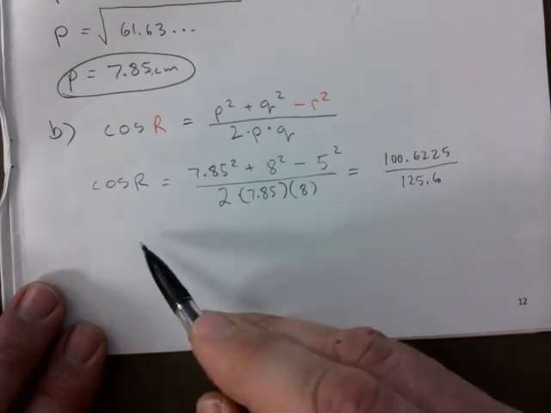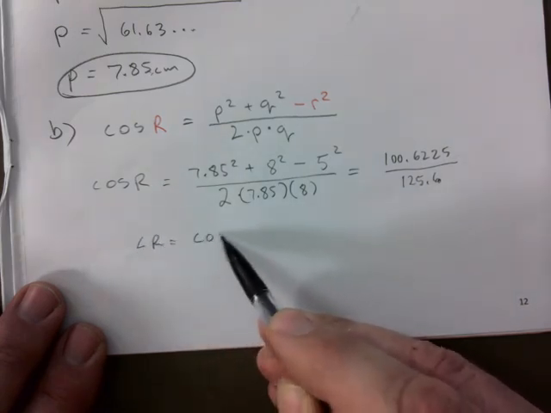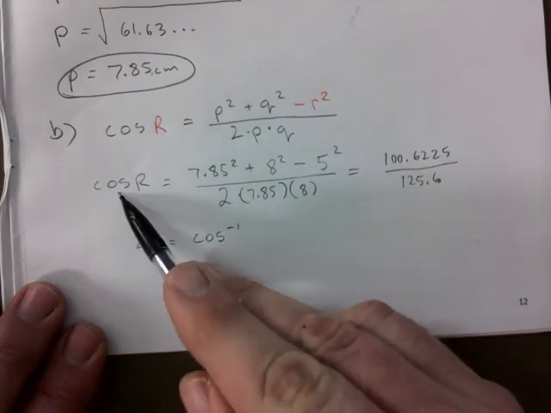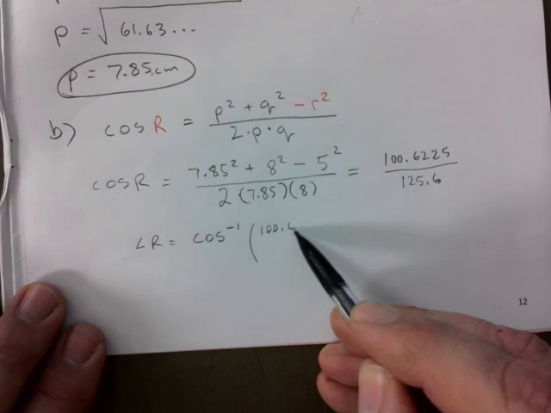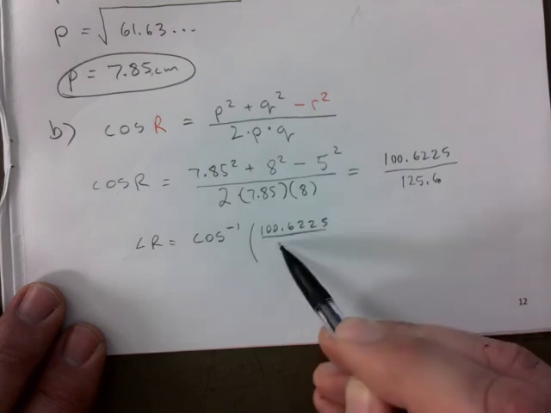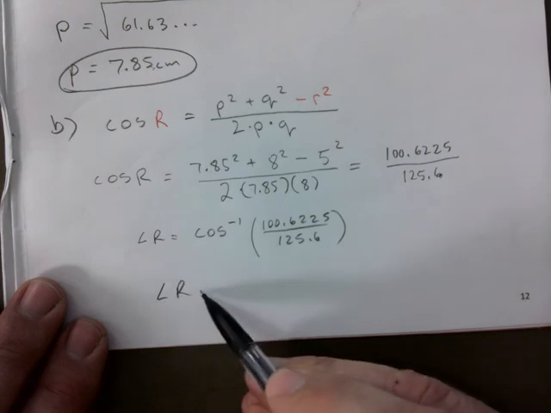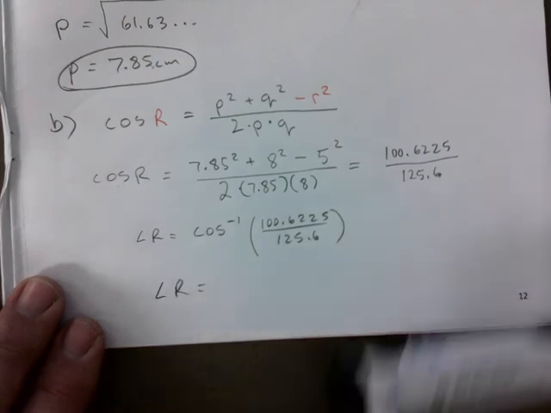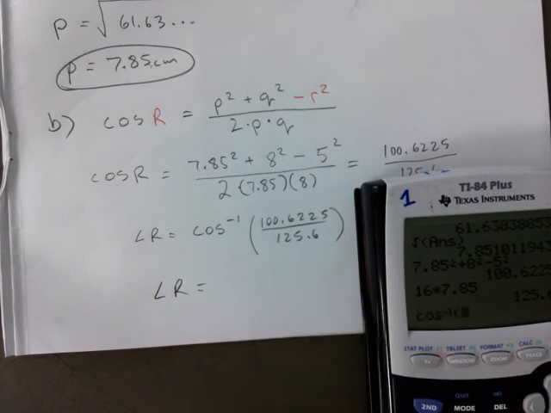Are you ready for this? Angle R is cosine inverse. You've got to use cosine inverse of that. So watch how I do this. Second cosine, 100.6225 divided by 125.6.